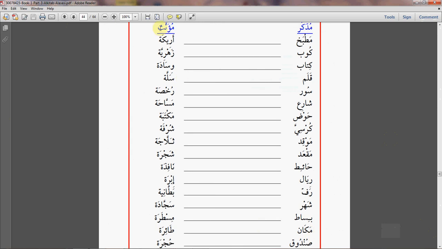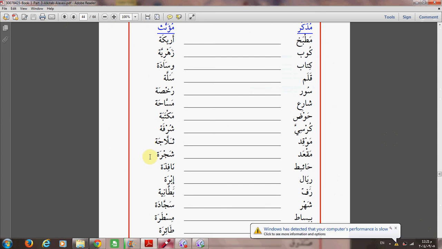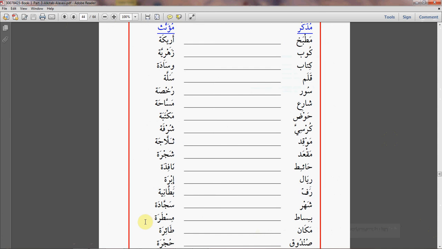Okay, so these are the masculine vocabulary. What are the feminine vocabulary? أريكة مؤنث, زهرية مؤنث, وسادة مؤنث, سلة مؤنث, رخصة مؤنث, مساحة مؤنث, مكتبة مؤنث, شرفة مؤنث, ثلاجة مؤنث, شجرة مؤنث, نافذة مؤنث, إبرة مؤنث, بطانية مؤنث, سجادة مؤنث, مسطرة مؤنث, طائرة مؤنث, حجرة مؤنث.